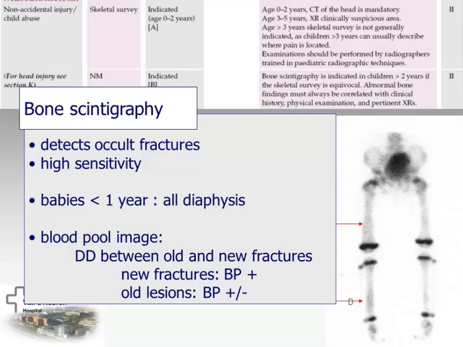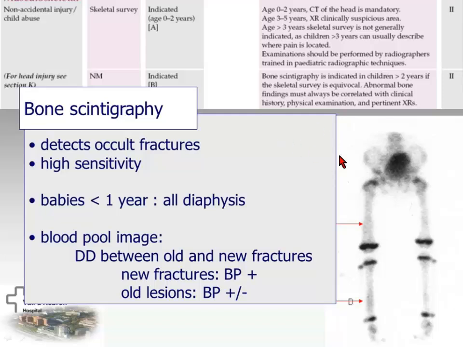In babies under 1 year of life, usually all the diaphysis has a hyperactivity, and the blood pool image is useful for the differential diagnostic between old and new fractures, because the new fractures are blood pool positive and the old lesions are blood pool negative.